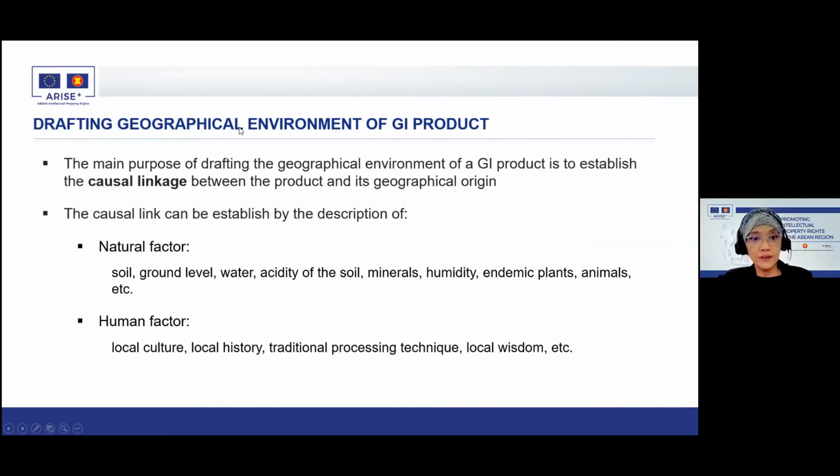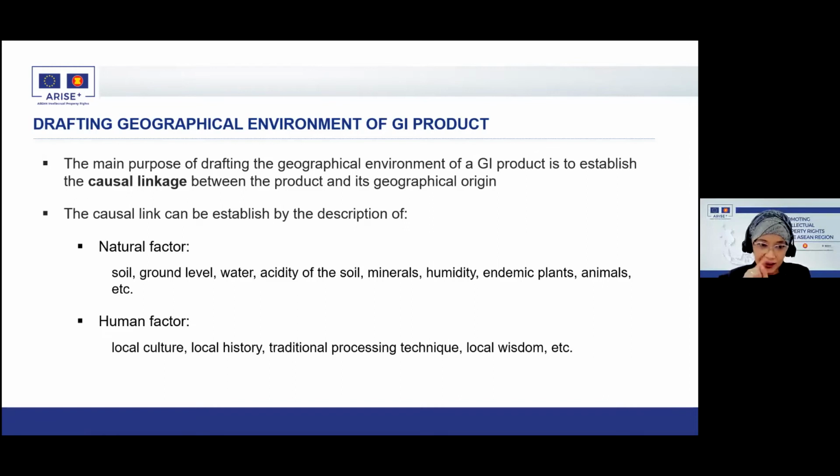Now, how to draft the geographical environment of the GI product? The main purpose of drafting the geographical environment of a GI product is to establish the causal link between the product and its geographical origin, which we have discussed several times. This is maybe the substance of the GI specification.